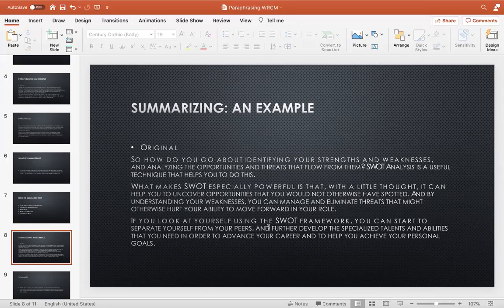If you look at yourself using the SWOT framework, you can start to separate yourself from your peers and further develop the specialized talents and abilities that you need in order to advance your career and to help you achieve your personal goals.